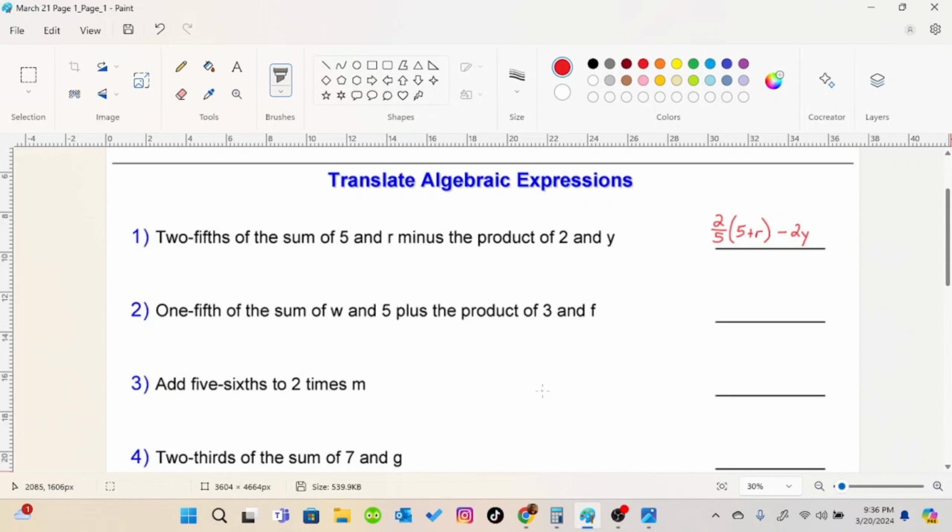Number 2, we have 1/5 of the sum of w and 5, so w plus 5, plus the product, which is multiplication, of 3 and f.